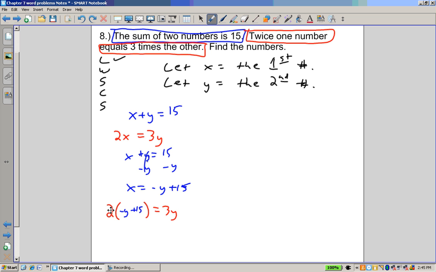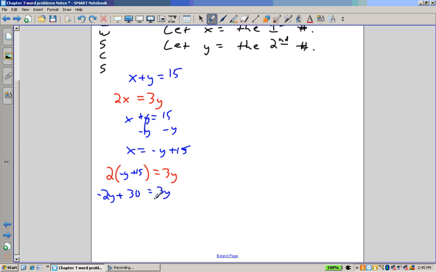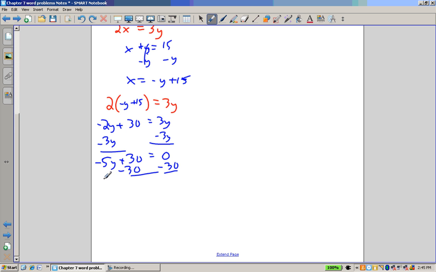Let's distribute. First distribute. Then combine all of your like terms, which we cannot do. Please remember, keep change, change, or you get burned. Then get all your variables onto the same side. First addition or subtraction. Then multiply, divide. And then we're just going to plug back in.